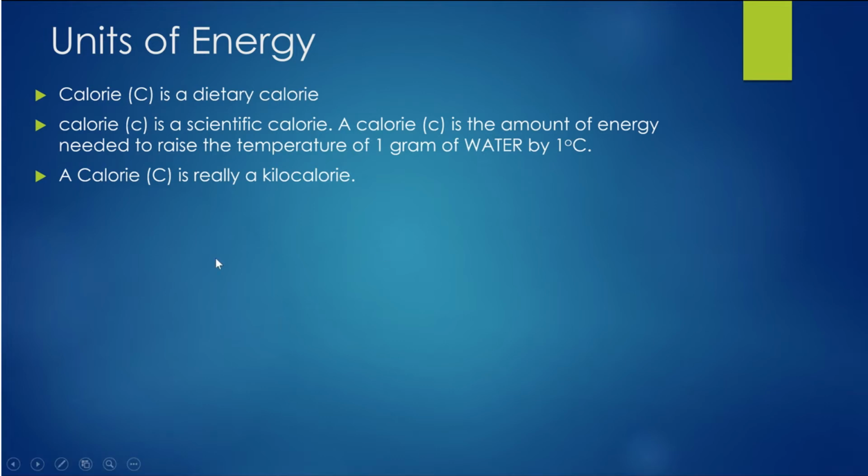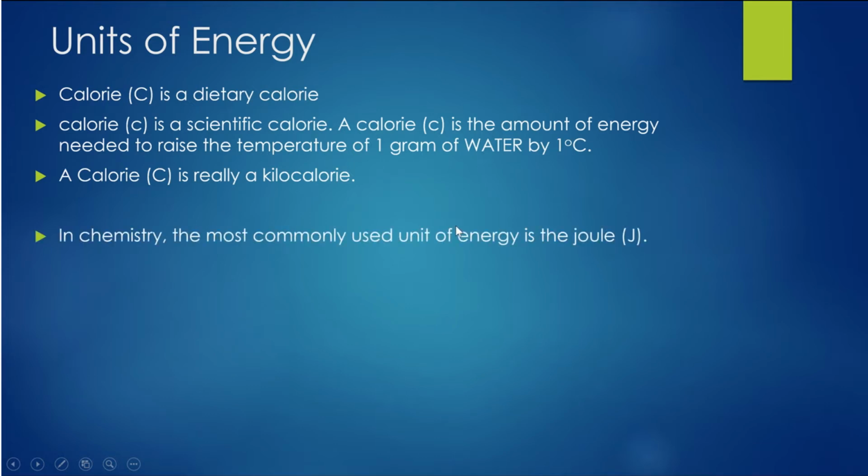The dietary Calories that we always hear about and see listed on food is really a kilocalorie. We should be familiar with the term kilo. We've seen that quite often. It means 1,000 little calories. They're scientific calories. In chemistry, we'll usually be using the energy unit joule, symbolized by J.